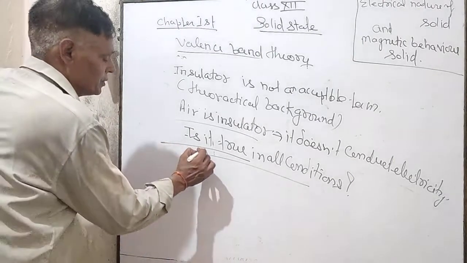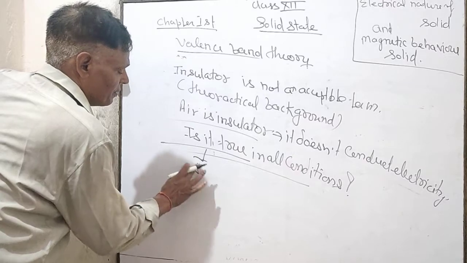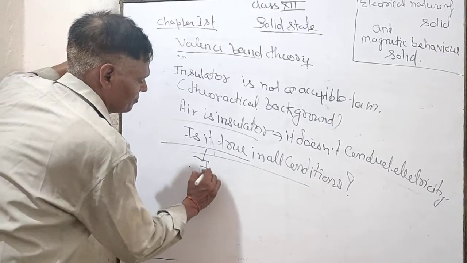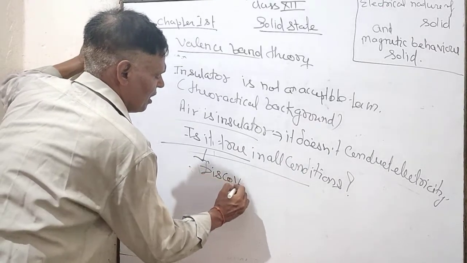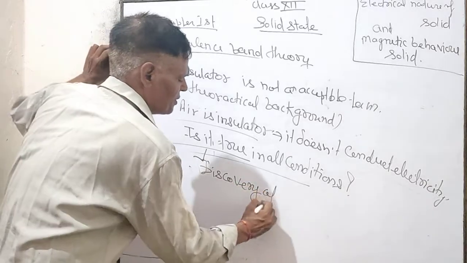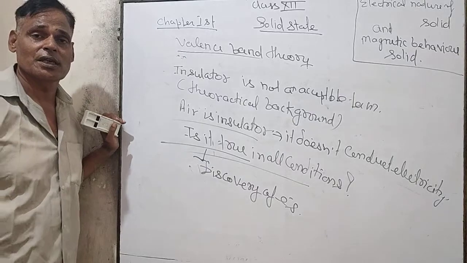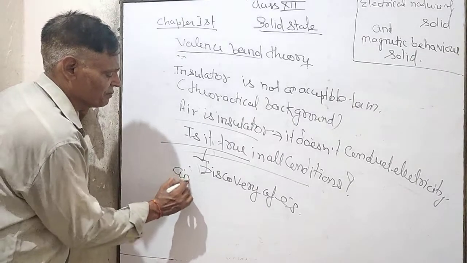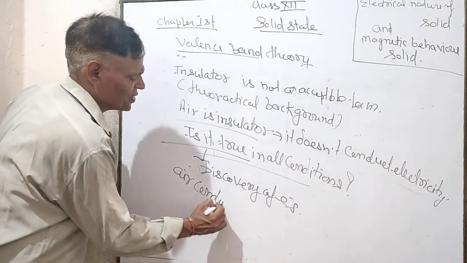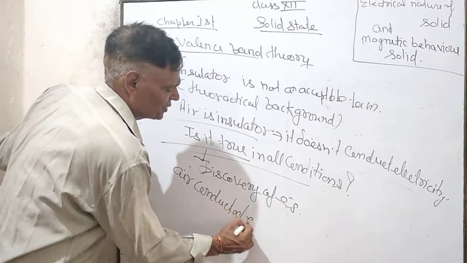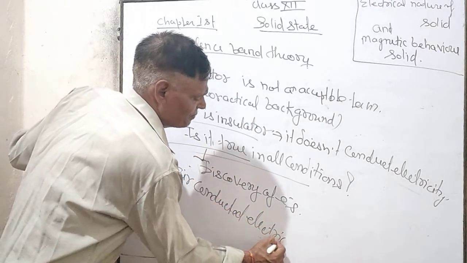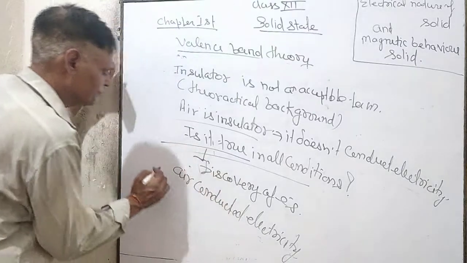You just remember the discovery of cathode rays, the discovery of the electrode. What happened? Air conducted electricity. See the reading in that experiment.